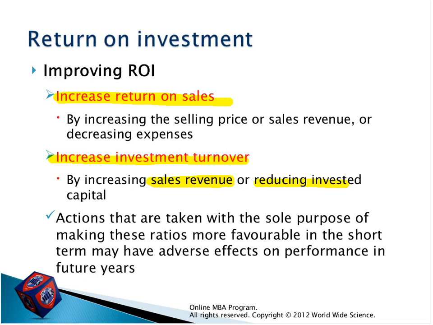So based on the second offer, which is to increase your investment turnover, you can reduce your invested capital. Like you won't invest in any kind of projects. In the short term, you can save some money, some assets in the company, right? But this affects your company performance in the foreseeable future. So you won't get any additional profits, right? So this is what the statement says, and these are the two kinds of recommendations on how to improve the return on investment.